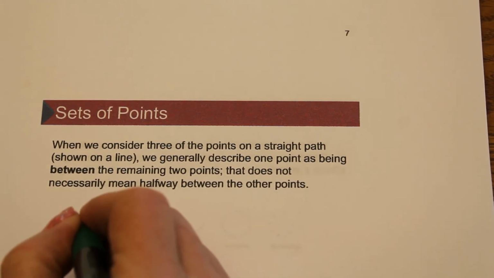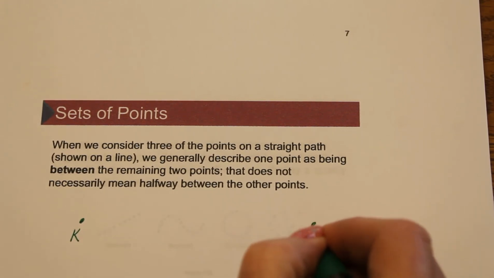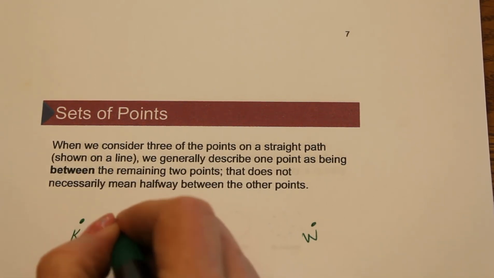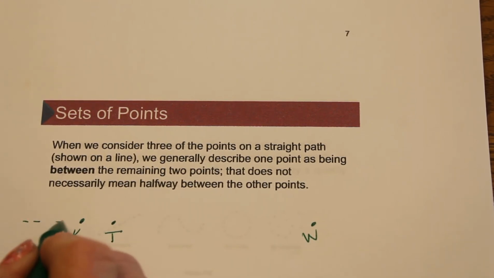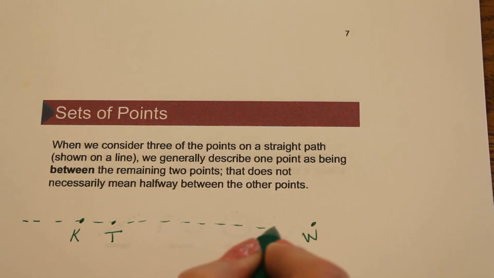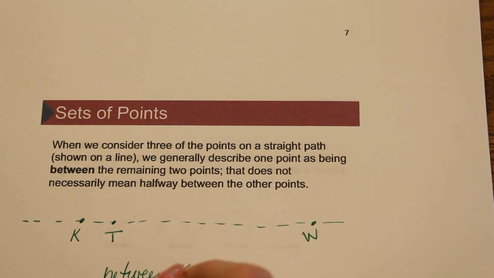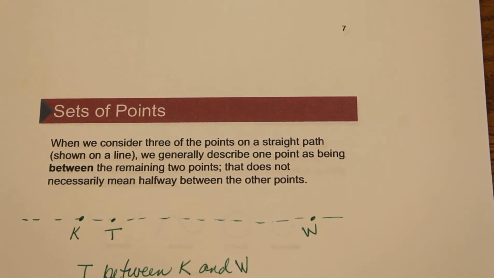So if I have the point K and I have the point W, my first name is Catherine, my last name is Worley, and here I have a point T. If this is on a straight path, we would say that T is between K and W. It does not mean it's halfway.